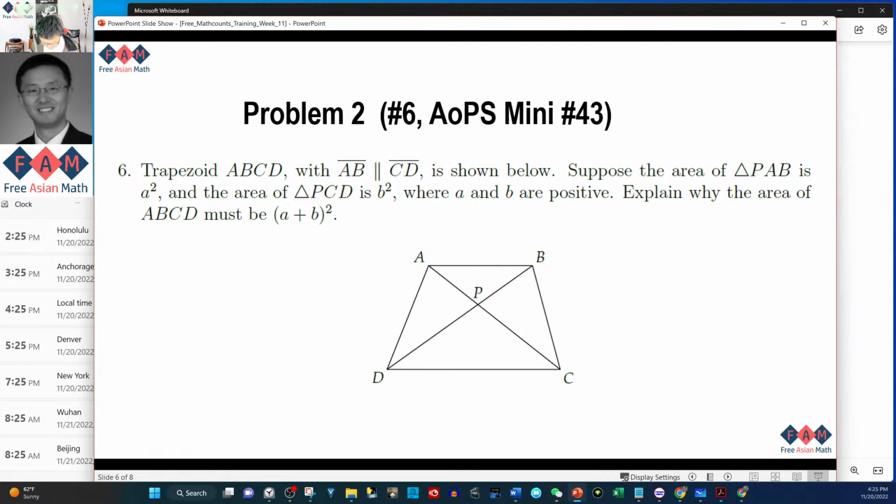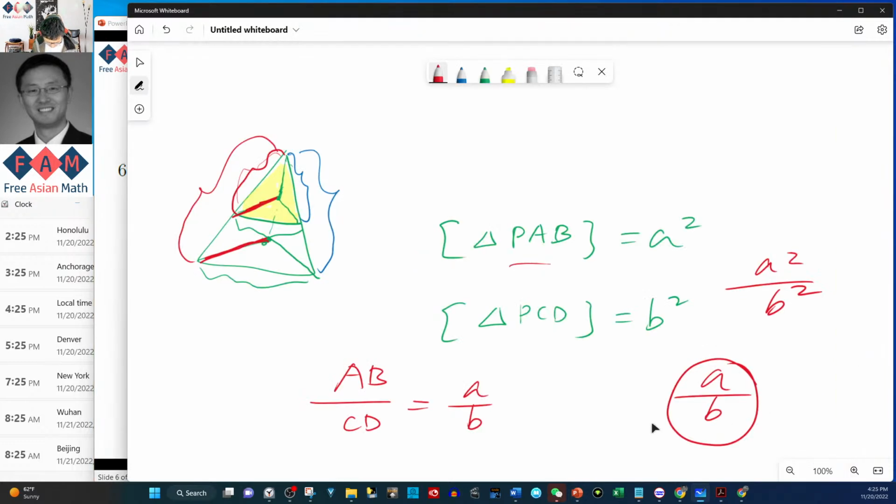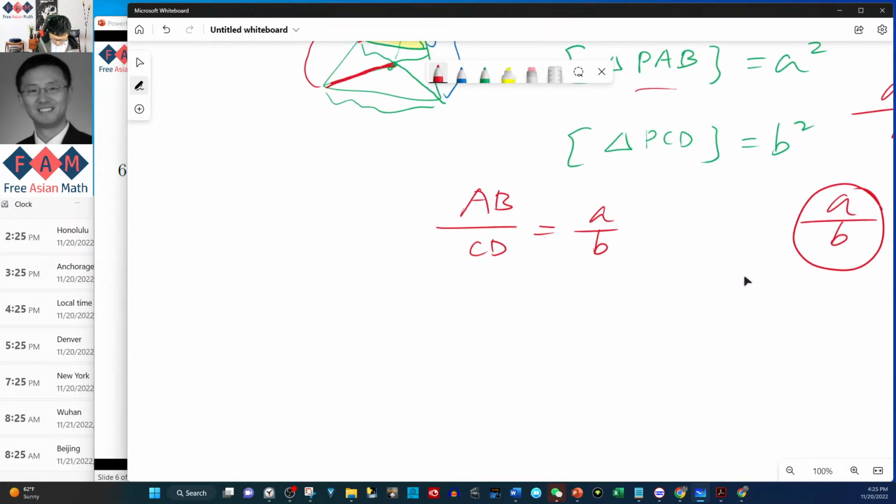So from that point, if you really want to calculate and explain the area of ABCD, you can do it in several ways, but one of them is the hard way. Without knowing what ABCD is, you just compute using algebra. You assume the height is h. Because you know this fractional ratio, you will know the other height as well.